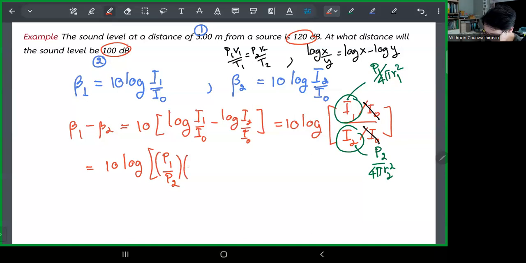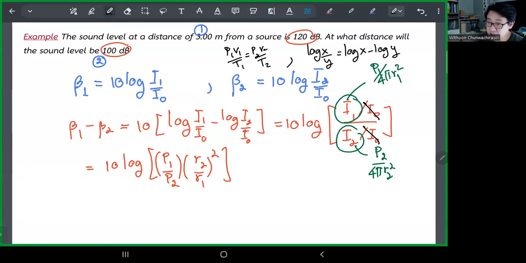And I can group the distance, which is going to be R2 first, and everything is under the square function. And the 4 pi cancel each other out. Isn't that nice? Once again, this makes things easier to analyze because you group the same quantities together, plus you use the ratio, just like what we did in the past.